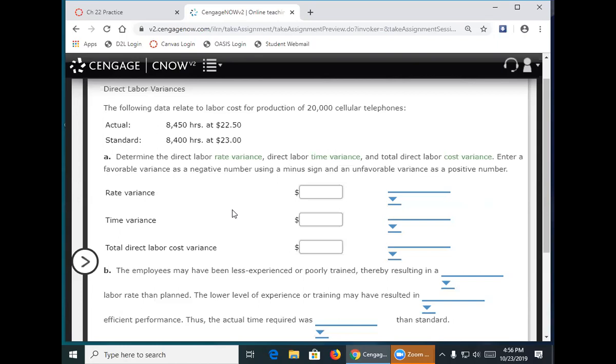And what is our time variance? 1,150. Unfavorable. 1,150. And you're right, that is unfavorable.